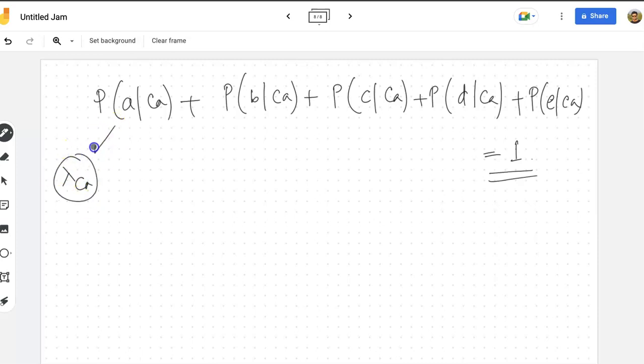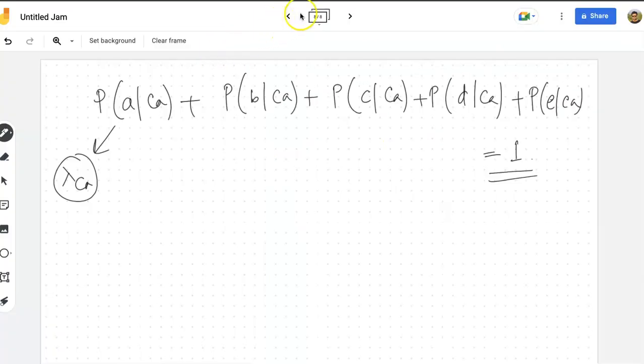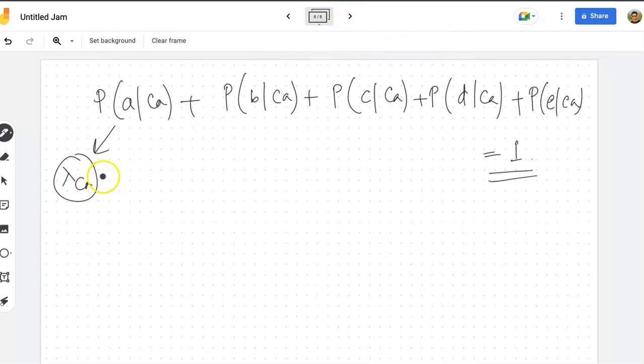Because for this thing you will find some lambdas. So suppose this is some. So what is the P of CA? It will be lambda CA into lambda A. Basically this is PB also.